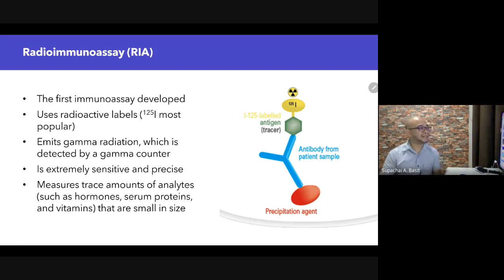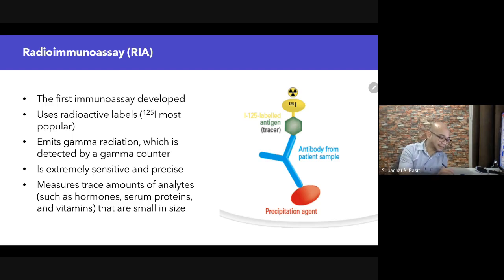There are several examples of labels that can be utilized, but the most popular is the isotope 125. Okay, so isotope 125 is the most popular, no? It emits gamma radiation, which can be detected using a scintillation or a gamma counter.